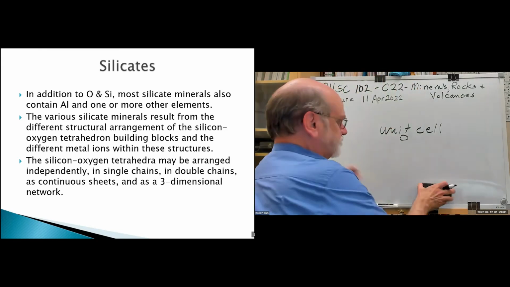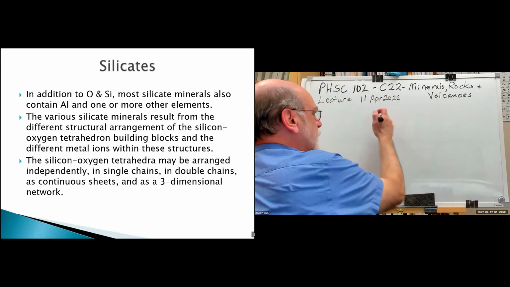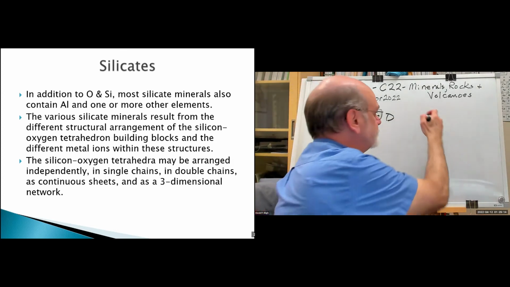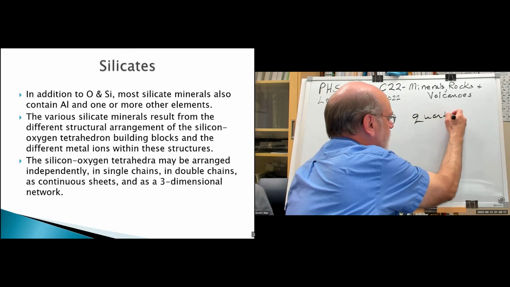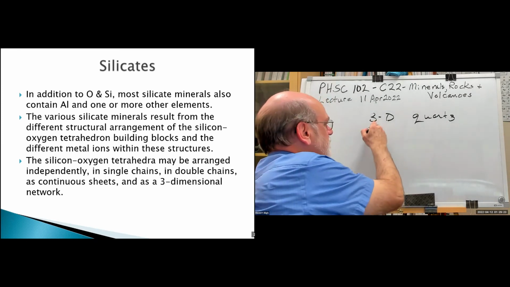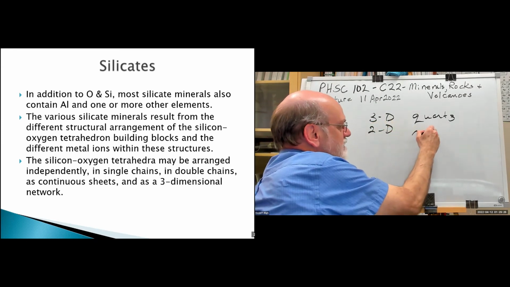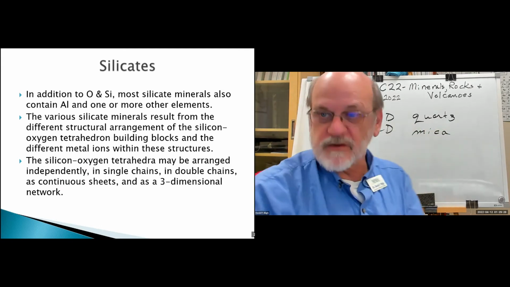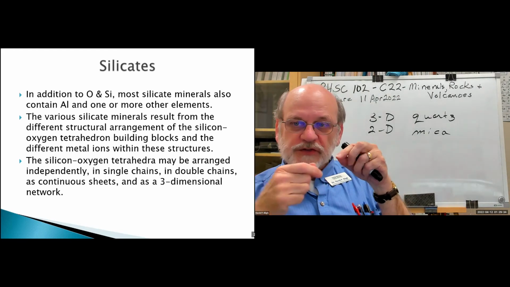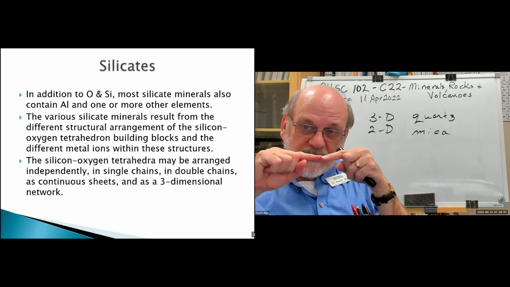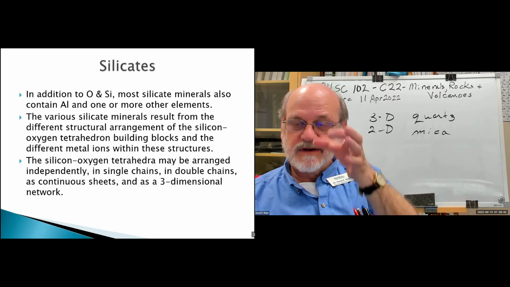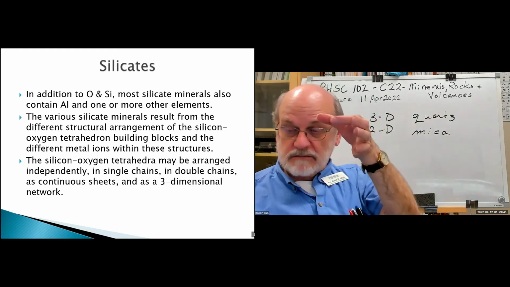So let's look at three-dimensional networks. A good example would be quartz. A two-dimensional network would be mica. Right? If you've ever seen mica, the mineral mica, you can slide a blade into it and flake off a sheet of silicates.